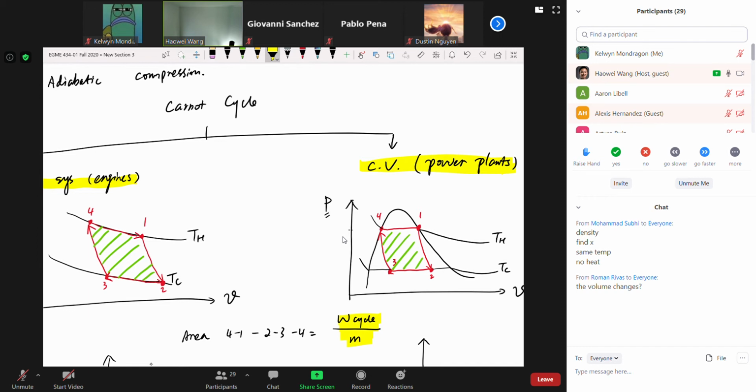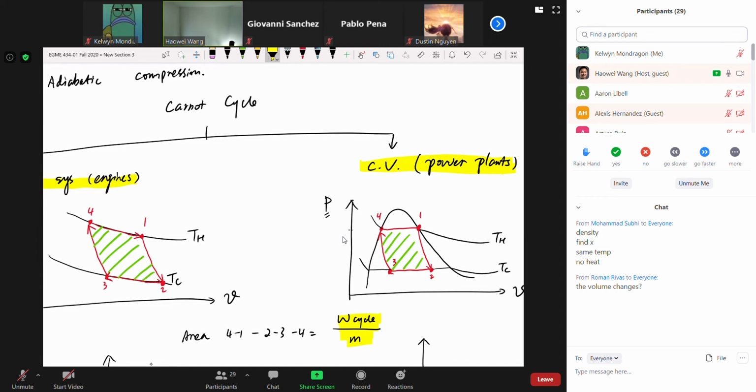If you have a car engine, then this W cycle is just the net amount of work produced by the engine which you use to drive the car. W cycle is the purpose of any cycle. W cycle is what you want to get. W cycle is what we pay for. We want it to be as big as possible.